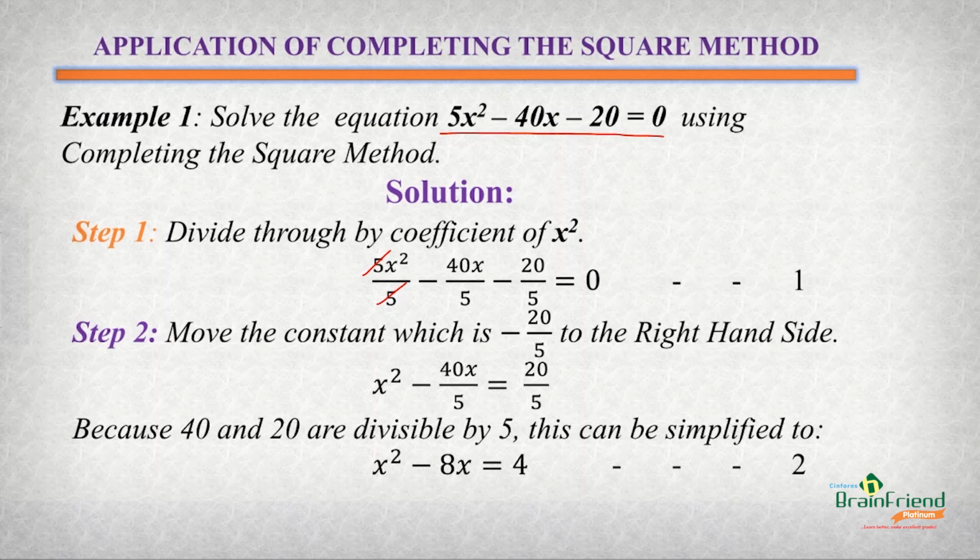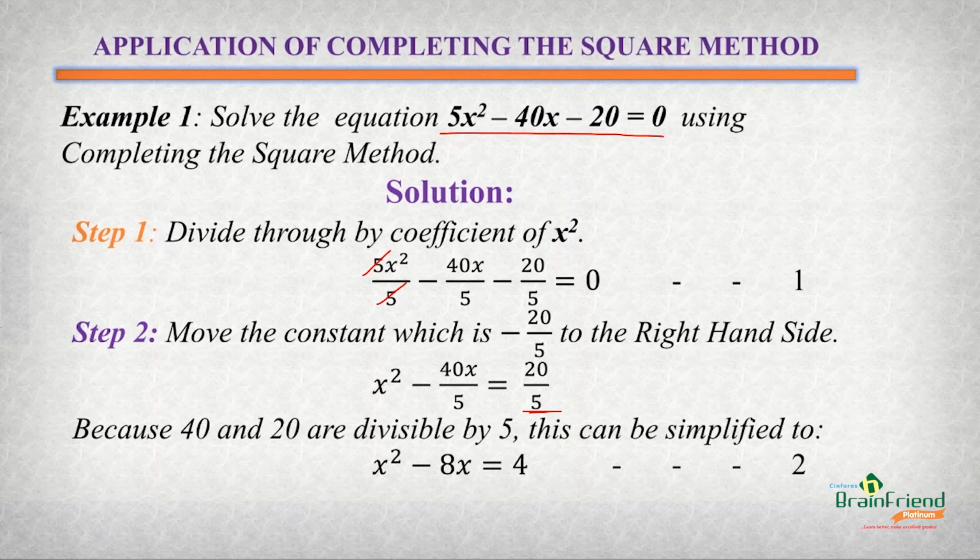Step 2. Move the constant, which is minus 20 over 5, to the right hand side. When we do that, we would have x squared minus 40x divided by 5 is equal to 20 divided by 5. Recall that when a negative sign moves across the equality sign, it becomes positive.